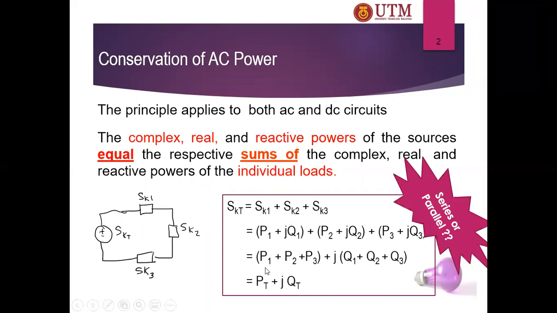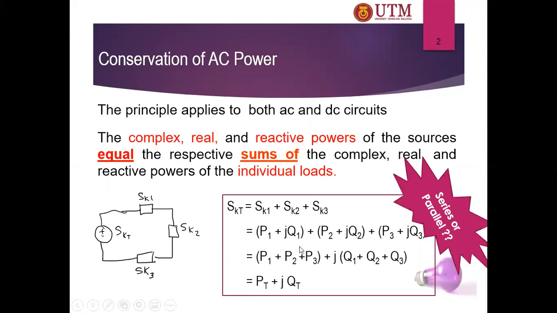So P total is equal to P1 plus P2 plus P3, and this P total is equal to the real power generated by the source. Similarly for reactive power, Q1 plus Q2 plus Q3 must equal Q total, and Q total is equal to the reactive power generated by the voltage source.